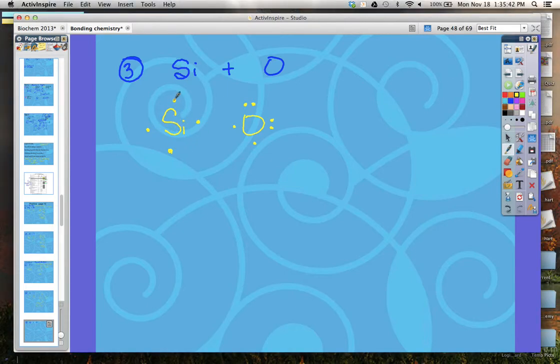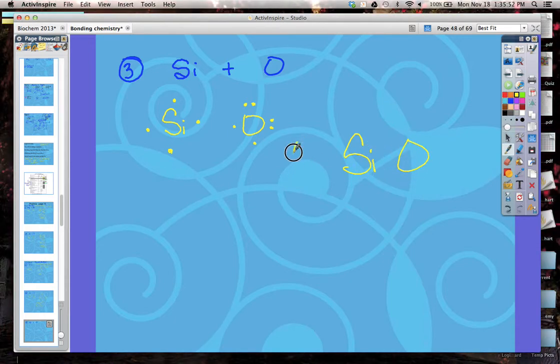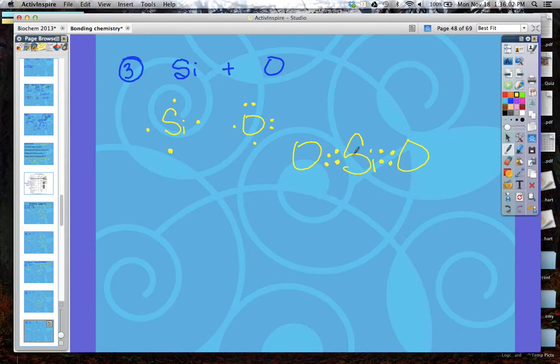So if this oxygen takes these 2 and shares them, then I need another oxygen to share these 2 that are sitting over here by themselves. So I should have Si in the center with 2 oxygens, 1 on each side, and I'm going to have a double bond because silicon also needs to share 2 of oxygen's electrons.